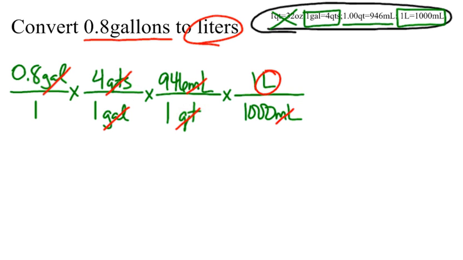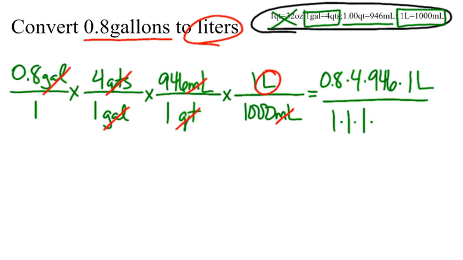So from there, I'm going to show my intermediate steps. I'm going to go 0.8 times 4 times 946 times 1 liter. Remember, I don't put the other units in there because I've canceled them out. And then 1 times 1 times 1 times 1,000.